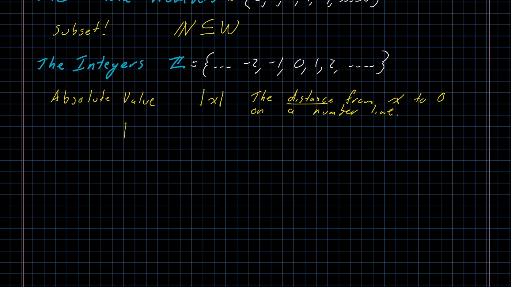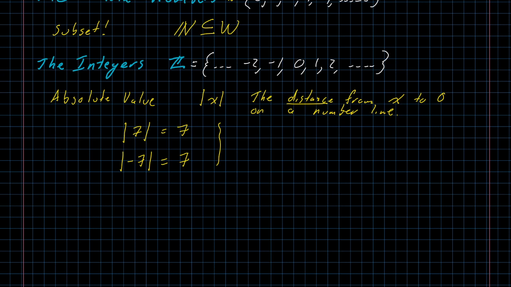If I want to take the absolute value of a positive number, like 7, I get 7. If I want to take the absolute value of a negative number, like -7, I also get 7. This can get confusing sometimes when absolute value shows up within a longer expression.